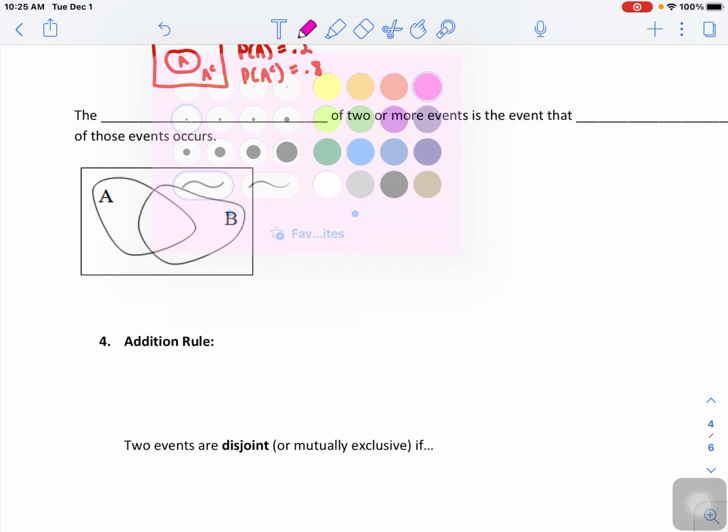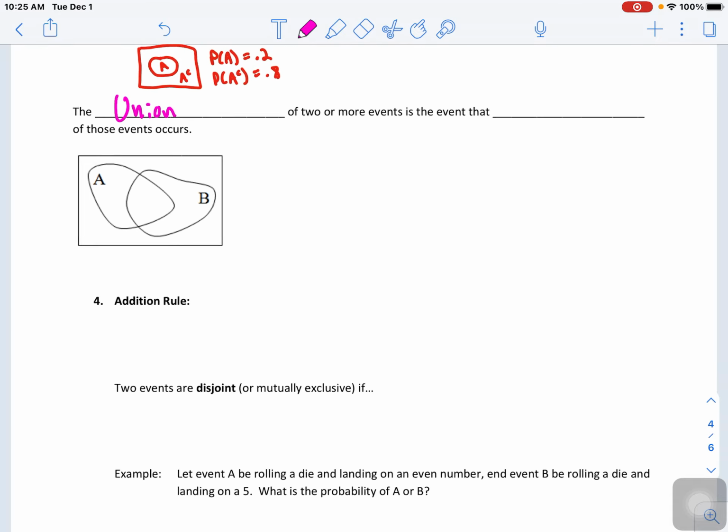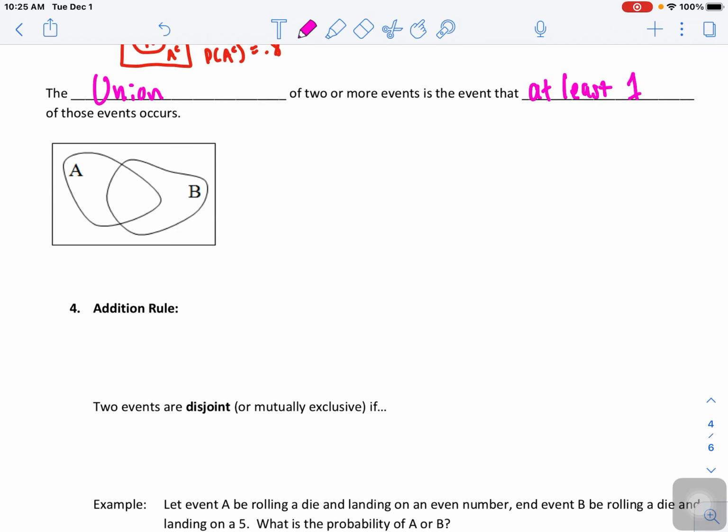So a lot of vocab here, so bear with me. The union of 2 or more events is the event that at least one of those events occurs.